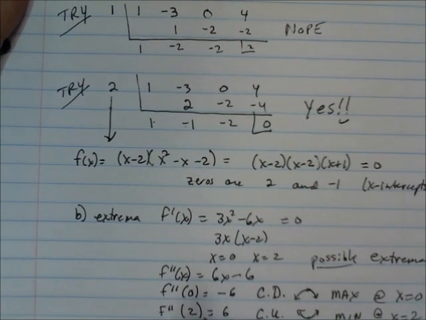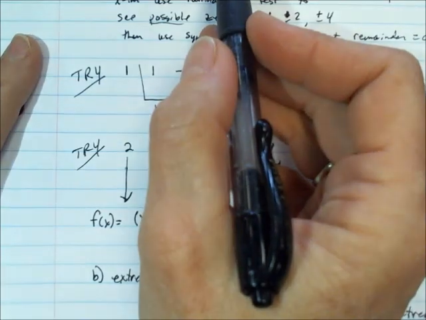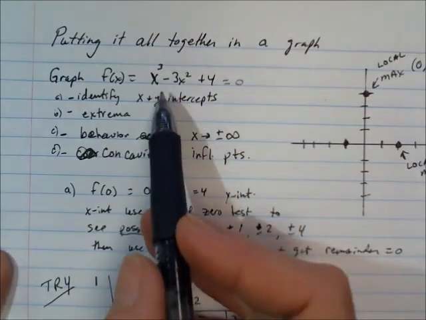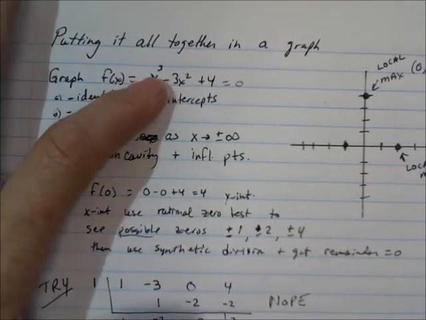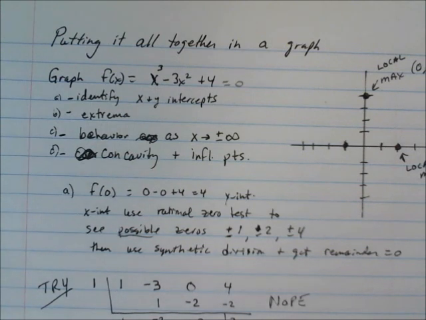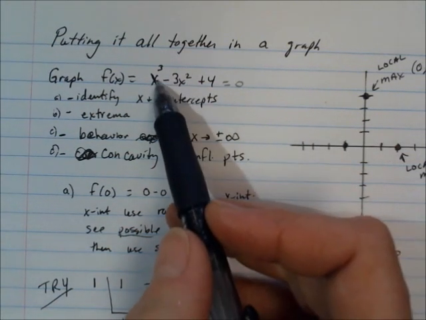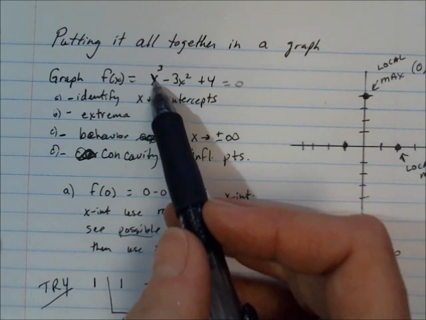The next thing we're going to do is a behavior as x approaches infinity. So because this is a polynomial, it's a cubic and the leading coefficient is positive. This is going to fall left and rise right.